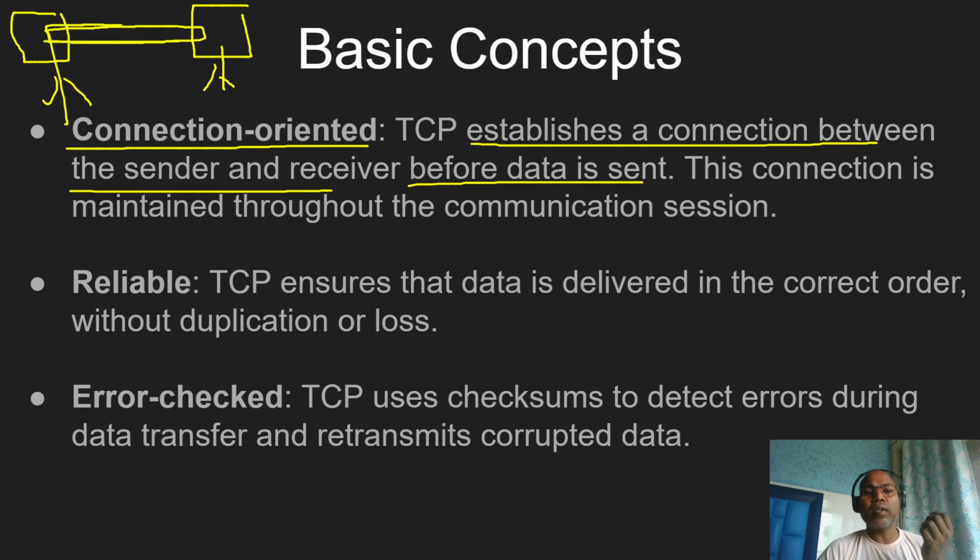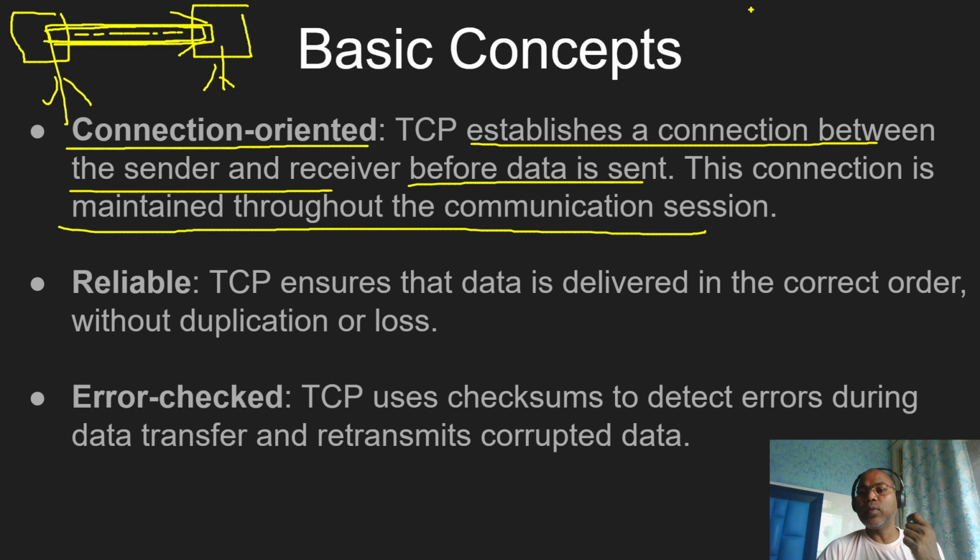That is a dedicated connection between the server and receiver, within which we send the data from the client to the server. This connection is maintained throughout the communication session, so it will not close.